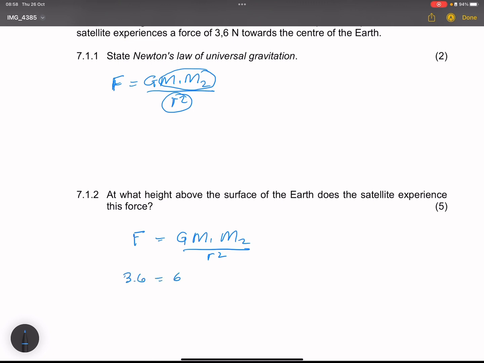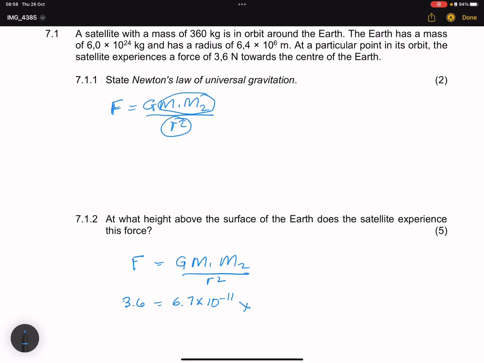G is 6.7 times 10 to the minus 11, or of course you can always say 6.67, multiplied by the mass of the satellite, that was 360 kilograms, multiplied by the mass of the Earth, which is given by 6 times 10 to the exponent 24.